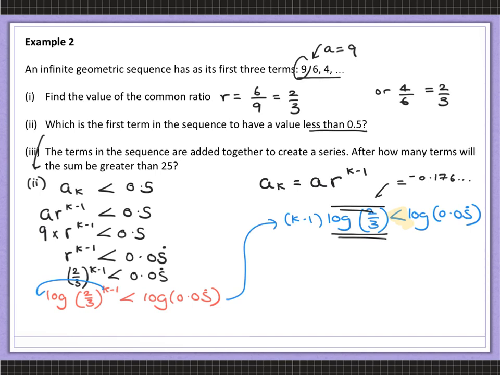When you divide or multiply across an inequality by a negative number, the inequality sign has to reverse. So as you divide by log of 2/3, you will then get k minus 1 is greater than the result on the right hand side, which is log of 0.05 recurring over log of 2/3.